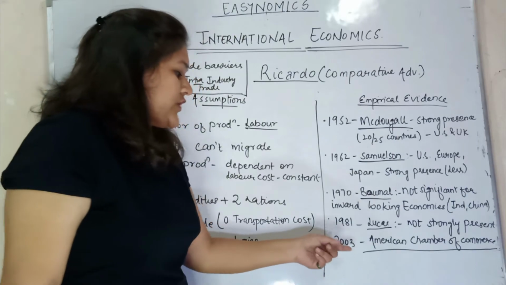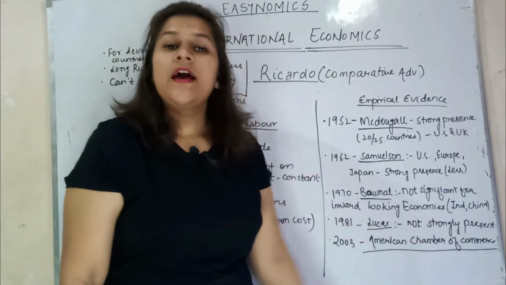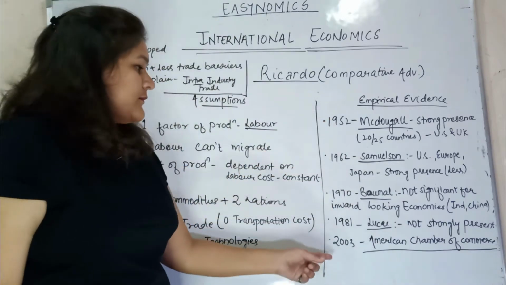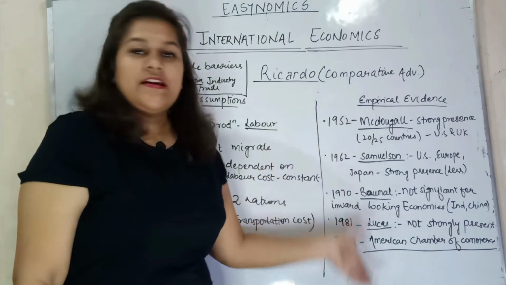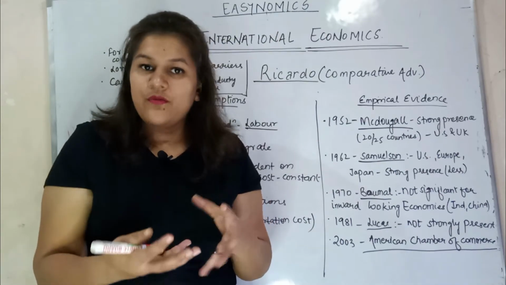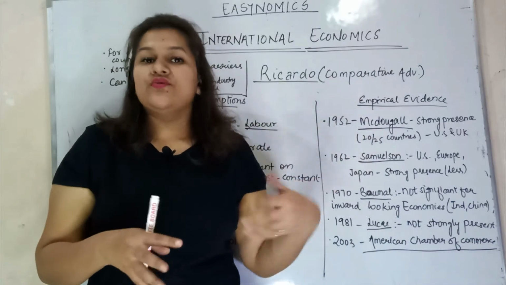In 2003, the last test was conducted by the American Chamber of Commerce, and similar results were found. So by looking at the empirical tests, we can conclude that mixed evidence is present. The presence of Ricardo is found, and the absence of Ricardo is also found.